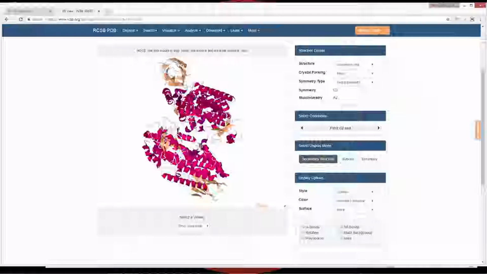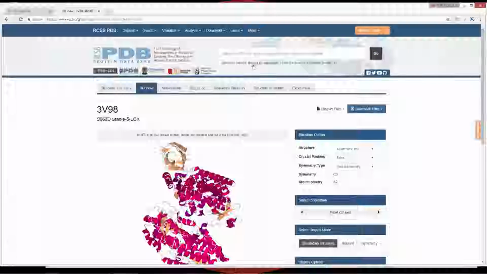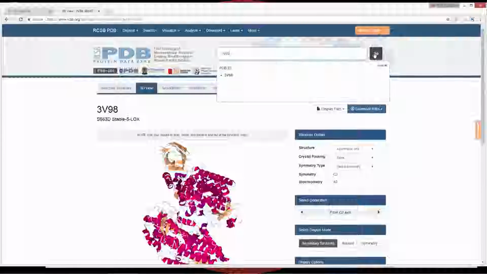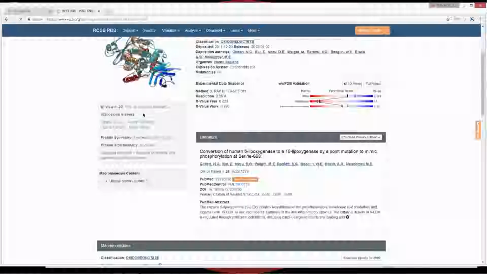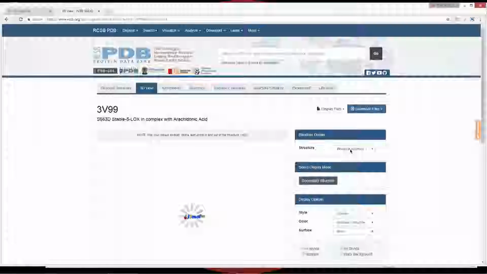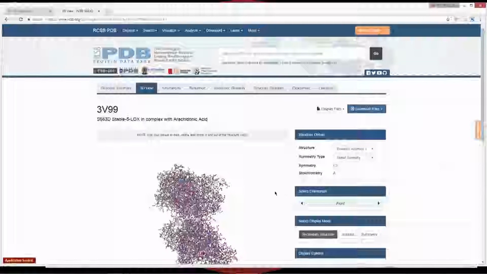There is again 3V99, that is again a 5-lipoxygenase, and it has arachidonic acid attached to it.